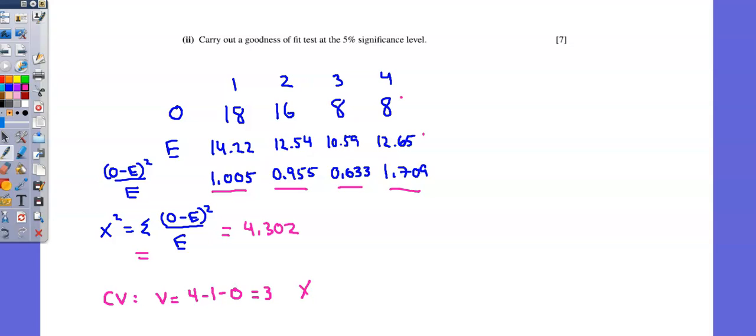And we will look up the critical value for chi-squared with degrees of freedom of 3. Notice at the top, 5% significance. We will use 0.95. The result of the lookup is 7.815.